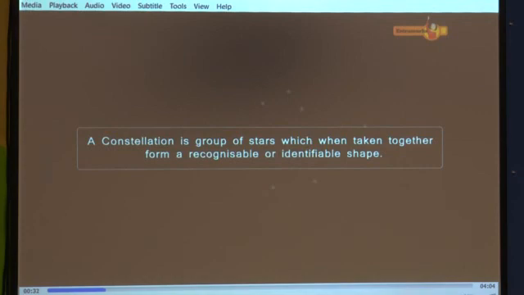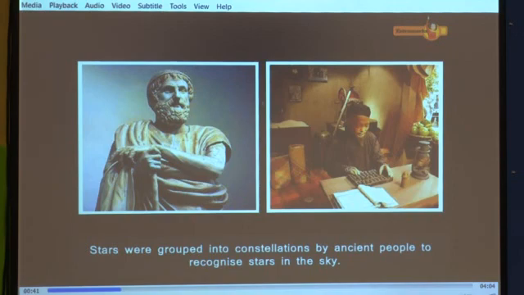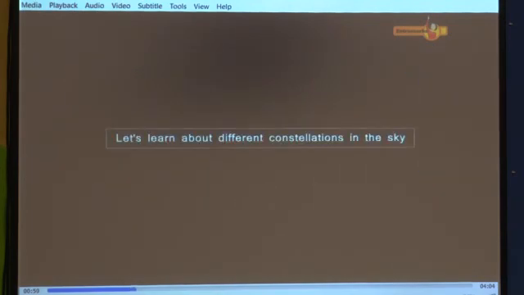A constellation is a group of stars which, when taken together, form a recognizable or identifiable shape. Stars were grouped into constellations by ancient people to recognize stars in the sky. Let's learn about different constellations in the sky.